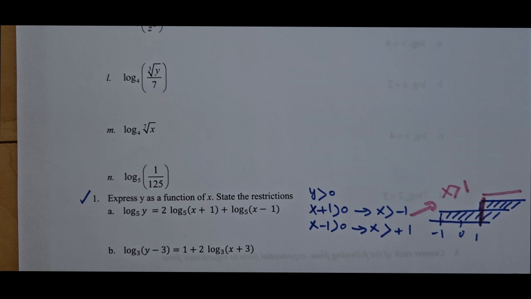So when you have log of something plus the log of another thing, what does it remind you of? Perfect, it's the product rule. Okay, so you can use the product rule and make it one step simpler.